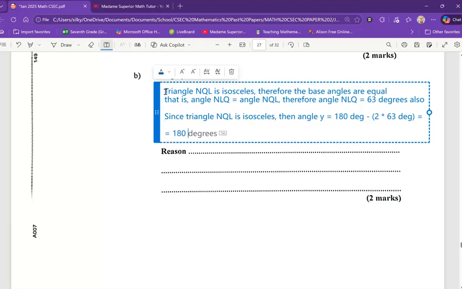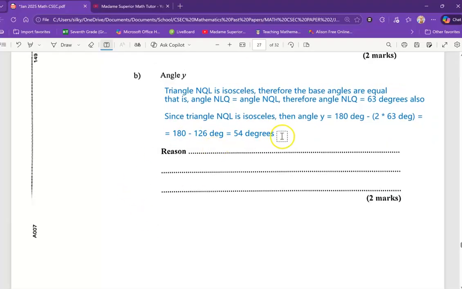So 180 minus 126 degrees is equal to 54 degrees. Therefore, angle Y equals 54 degrees. Okay, so that is our reasoning and our working for 2 marks.